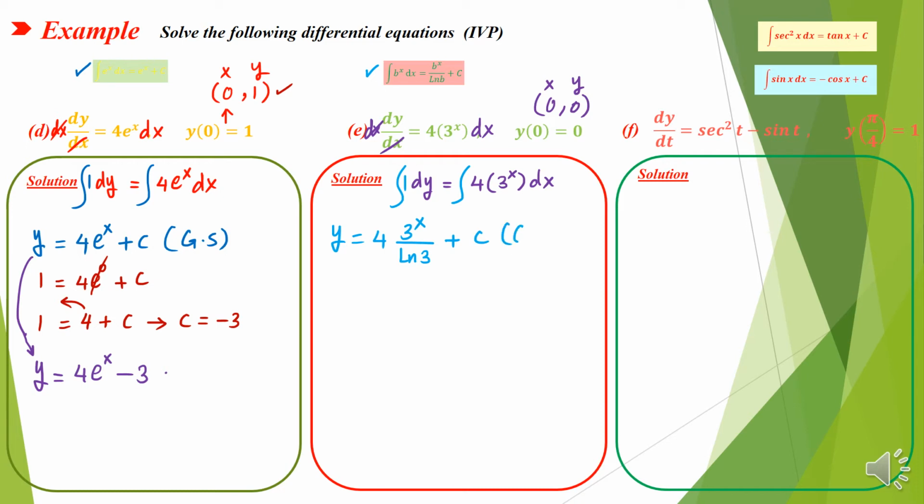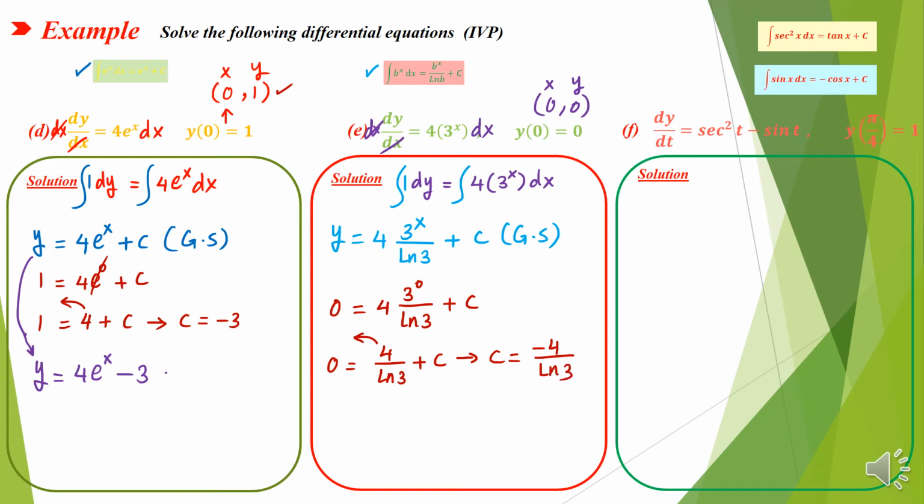So this is the general solution, and to find the particular you have to plug in the point you have in the question. So we have 0 equals 4 times 3 to the 0 divided by ln of 3 plus c. 3 to the 0 is 1, so we have 0 equals 4 over ln 3 plus c. Move this to the left hand side and you'll get c equals minus 4 divided by ln of 3.